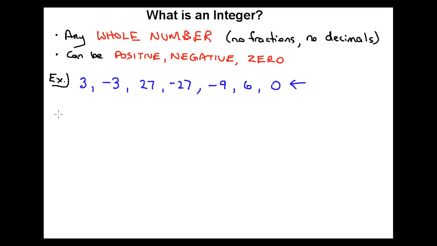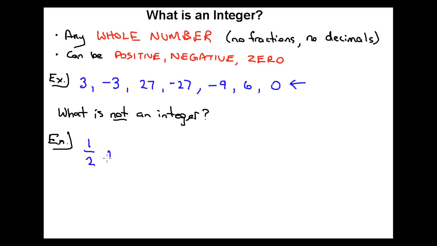So if these are integers, then what is not an integer? It has to be either a fraction or a decimal for it to be not an integer. So a few examples of that. Half. So a half, like this, is not an integer because it's a fraction.